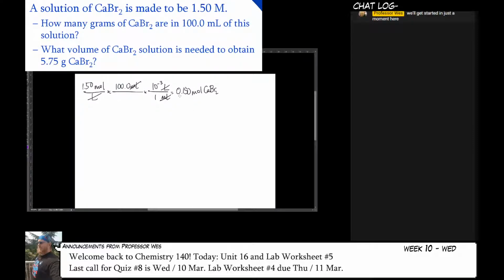I want to then find the mass of that. So we'll go moles calcium bromide to grams calcium bromide. Now, if it helps you figure these problems out, writing out a little blueprint or flowchart, by all means, please do that. So this is 1 mole is 199.89. Is that right?